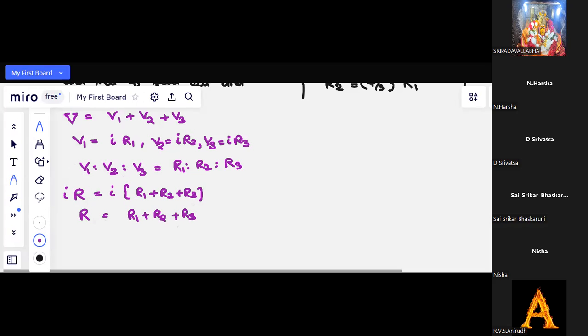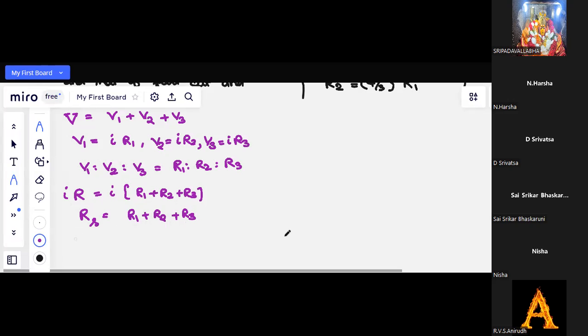It is just like the capacitors in parallel formula, but for resistors in series. Good. Here we discussed the ratio of potentials, ratio of currents, total potential, and effective resistance.